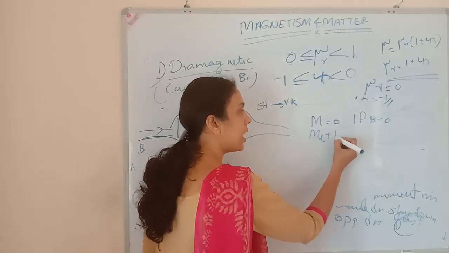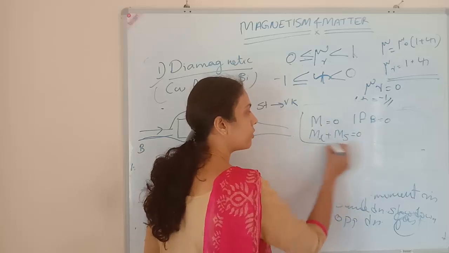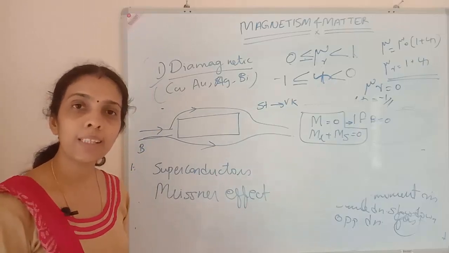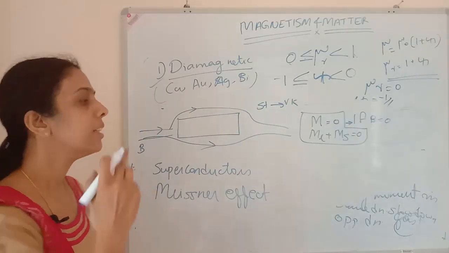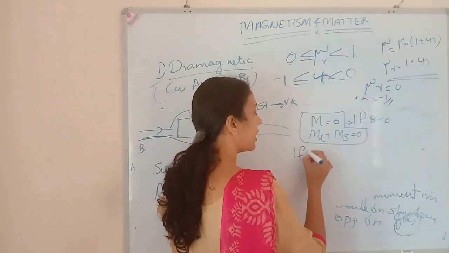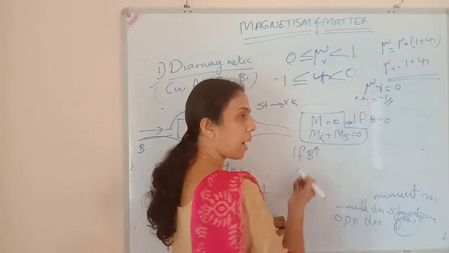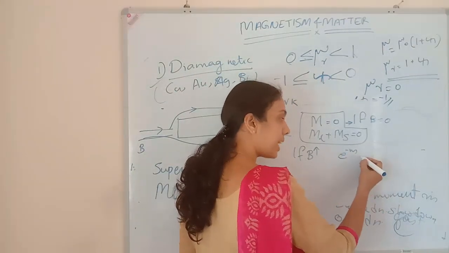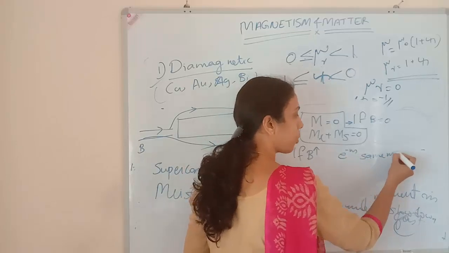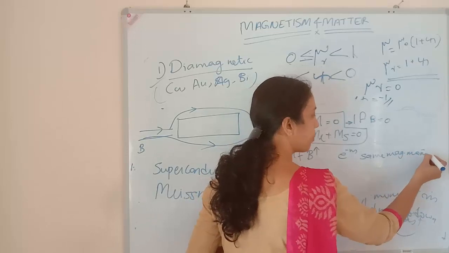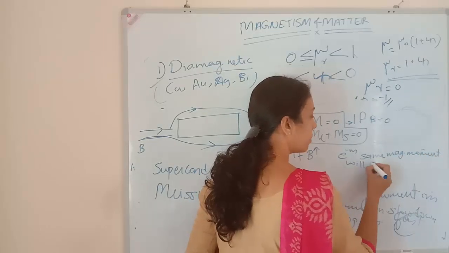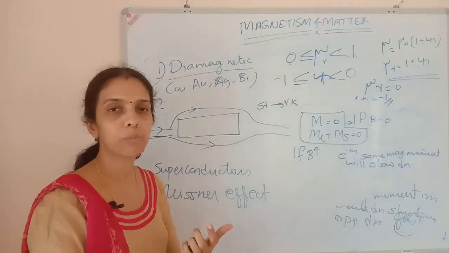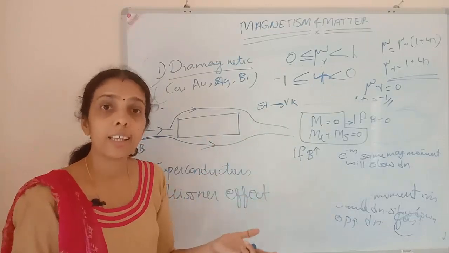The orbital magnetic moment and the spin magnetic moment together will become equal to 0 if B is equal to 0. Orbital magnetic moment means electrons are revolving in a particular orbit. Then if we apply the magnetic field B, what will happen? The electrons having the same magnetic moment will slow down, and electrons having the opposite magnetic moment will speed up.